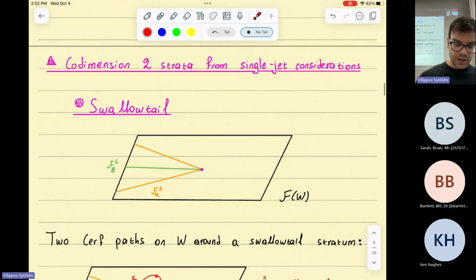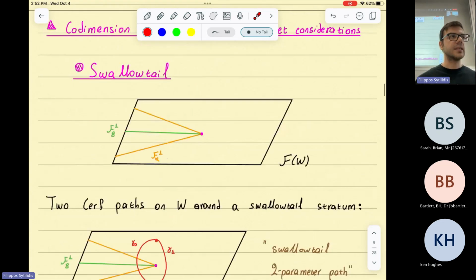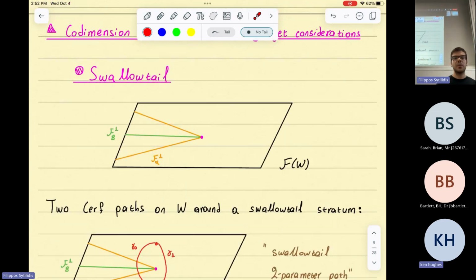So in all the previous codimension 2 strata that we've seen, they don't come from a singularity of a function. They come from 2 codimension 1 strata that somehow interact with each other in a non-generic way.